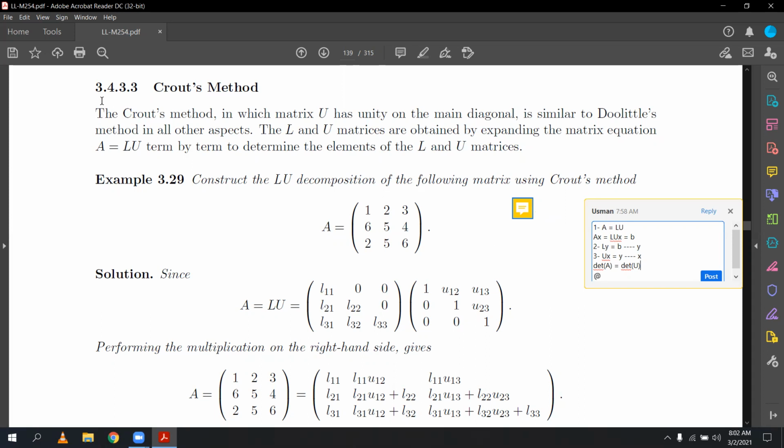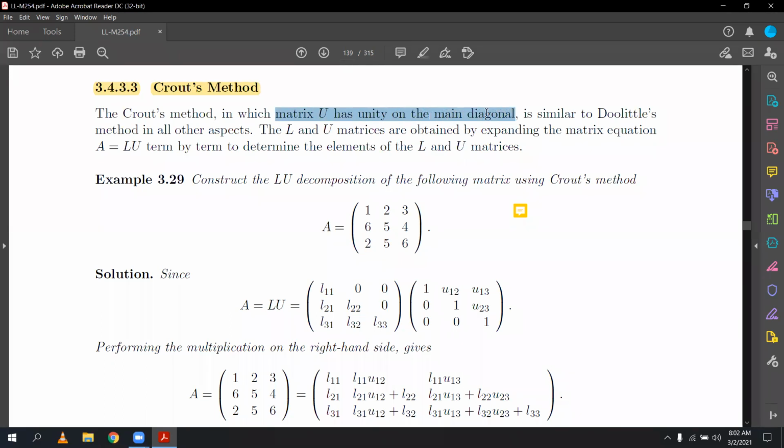Now today we talk about the second variation of LU decomposition, which we call the Crout method. What is the Crout method? It is the opposite of Doolittle. In Doolittle, your L was unit lower, but here your matrix U has unity on the main diagonal.